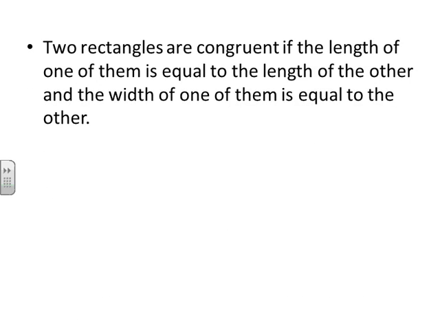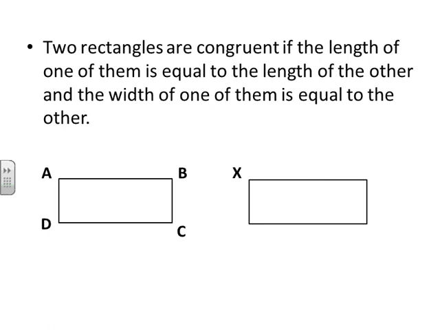Two rectangles are congruent if the length of one of them is equal to the length of the other and the width of one of them is equal to the width of the other. Like in this example, we have rectangle XYZL and ABCD.